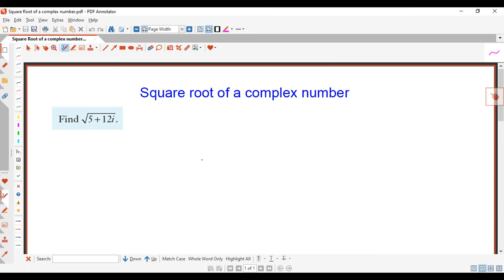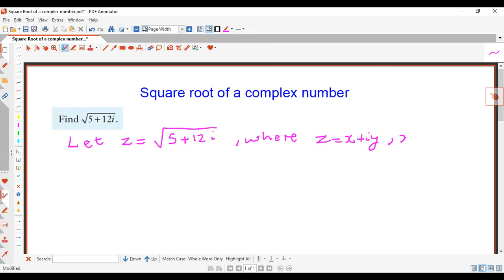All right, first thing I'm going to do is let z equal the square root of 5 plus 12i, where z is equal to x plus iy, right?